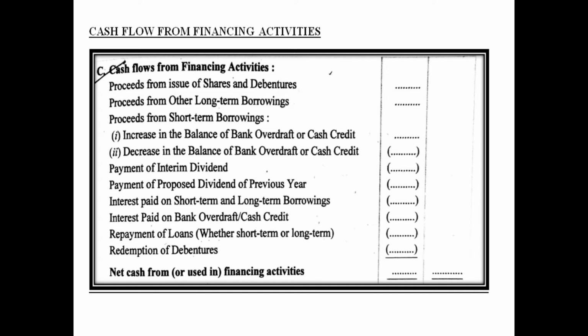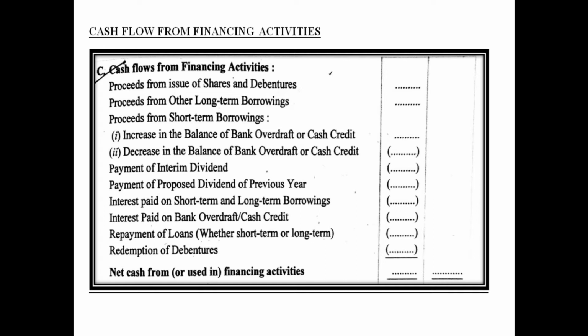In this, we are going to add all the cash inflows pertaining to the finances of the company or the business organization, and we are going to deduct all the cash outflow pertaining to the finances of the organization. So as you can see, proceeds from issue of shares and debentures.